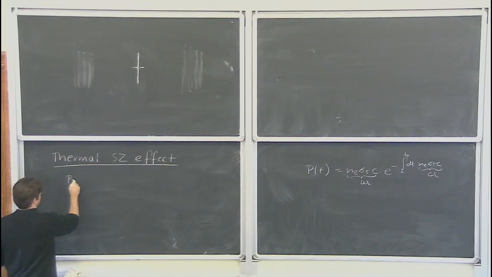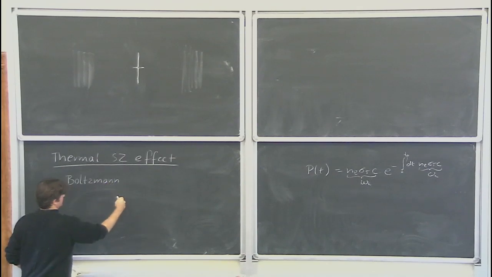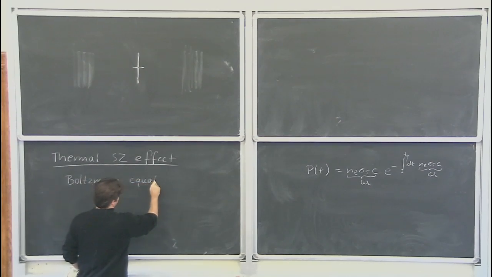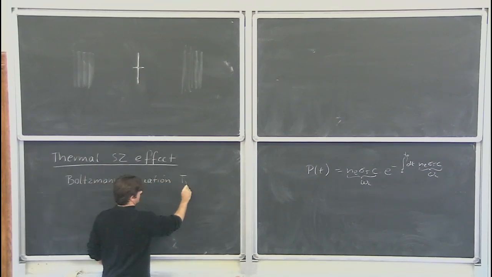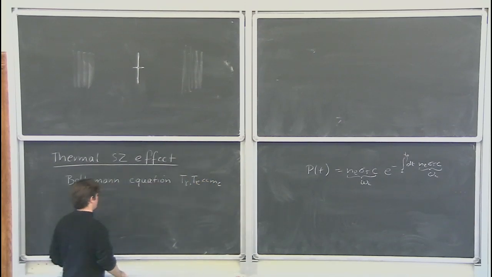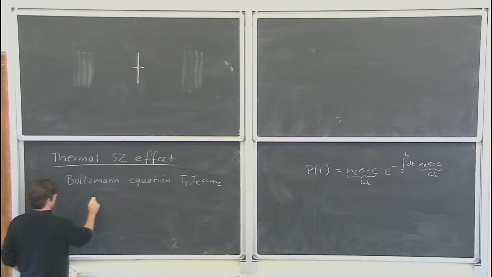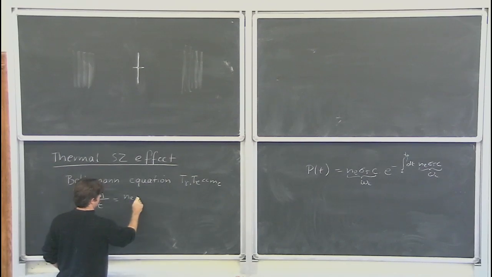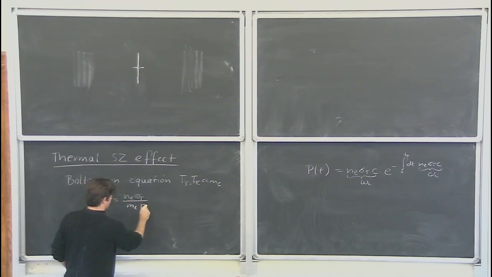So if you look at the Boltzmann equation, so this is again the Boltzmann equation for photons. We're trying to understand what happens to photons as they pass through a galaxy cluster. And if you look at the Boltzmann equation for photon and electron temperatures that are much less than the electron mass, then kT is less than m_e c squared, then the Boltzmann equation looks like this. So you have dn/dt is equal to the free electron density times sigma_T divided by m_e, the photon momentum squared.